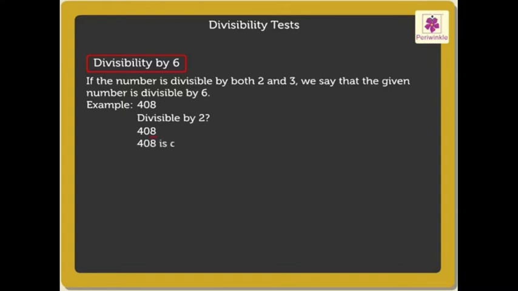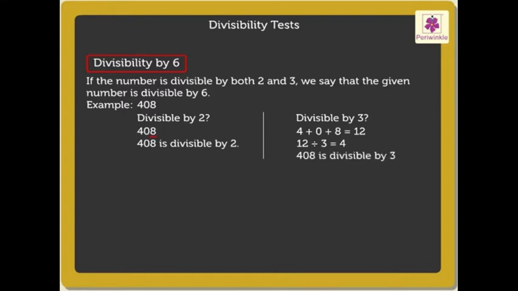Thus, it is divisible by 2. Is it divisible by 3? 4 plus 0 plus 8 is equal to 12, which is divisible by 3, which makes the number 408 divisible by 3 as well. Hence, 408 is divisible by 6.